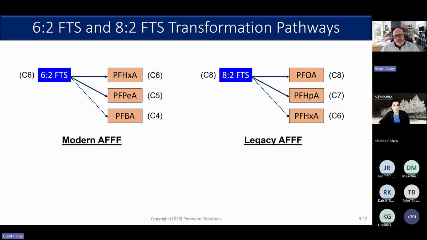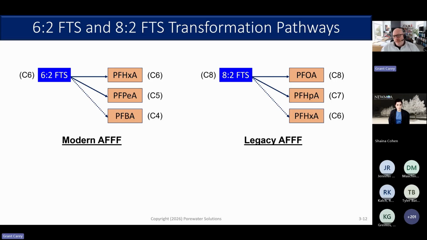So we really need to be aware of what the precursor concentrations are that may degrade to regulated compounds, and do we see evidence of biotransformation? And there are some visualization strategies we can use to actually look for that kind of evidence. I'll go through an example with the case studies coming up. And you'll see on the left, below 6:2 FTS, I have modern AFFF. And below 8:2 FTS, I have legacy AFFF.